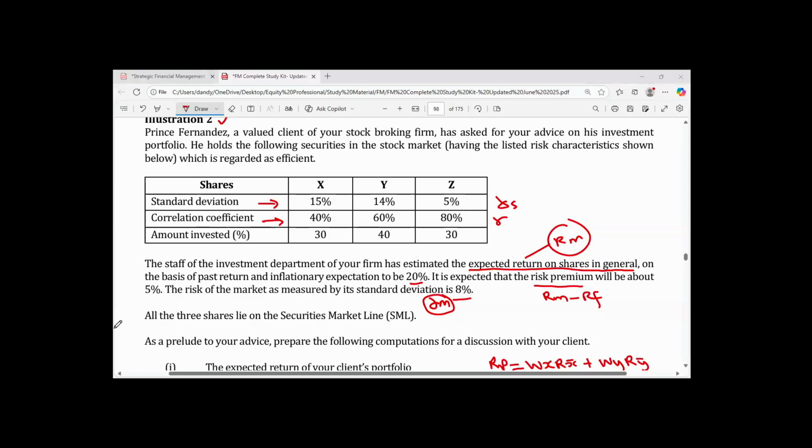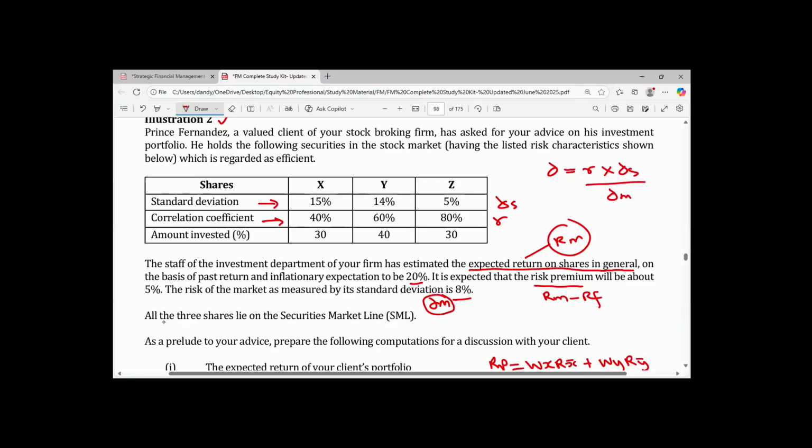Now, of course, the examiner also told you that the risk of the market as measured by standard deviation is 8%. So you remember the first formula I told you that is the most frequently tested: the beta will be computed as correlation coefficient multiplied by standard deviation of security over standard deviation of the market.